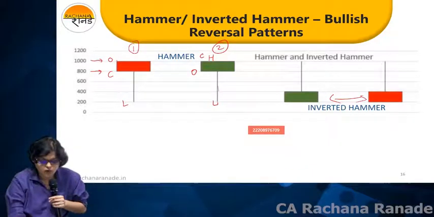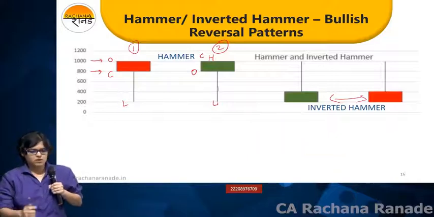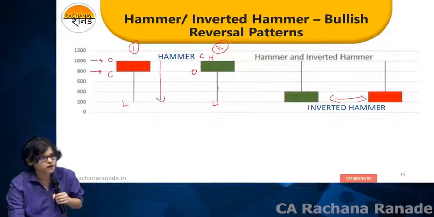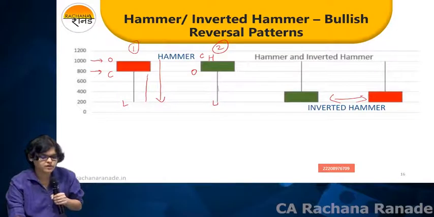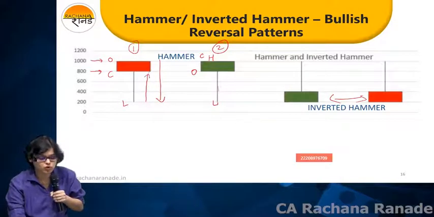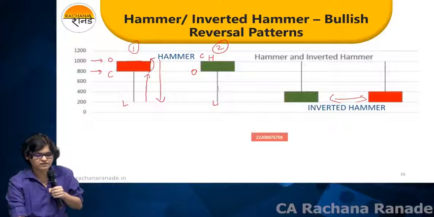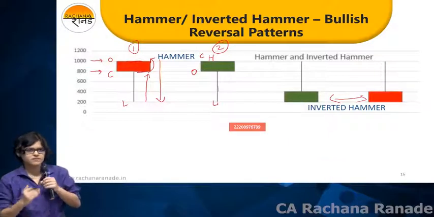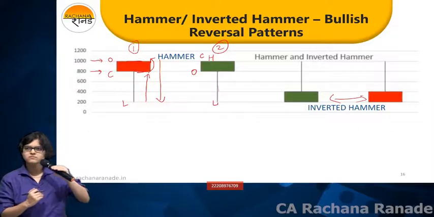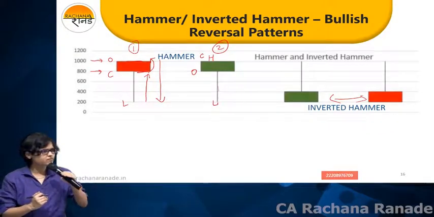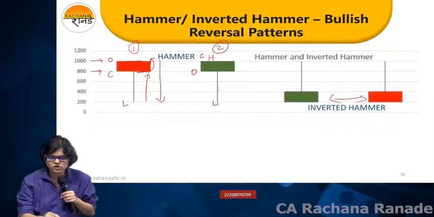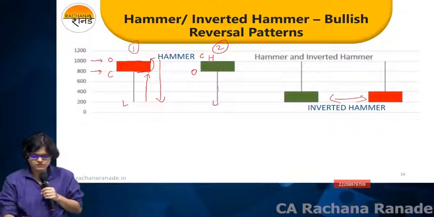Let us understand. It opened at 1000, went low till 200. The bulls took charge from here, but they could not overtake the bears. Finally the bears remained a little bit lower than the bulls. Is this clear with everyone? Yes. So is case 1 stronger or case 2 stronger? Case 2 is stronger.